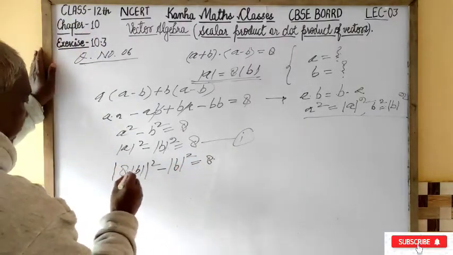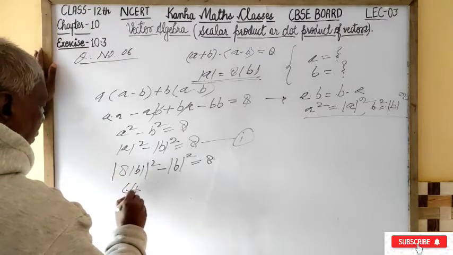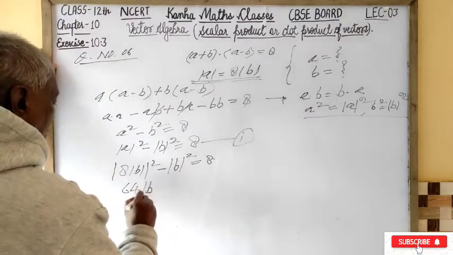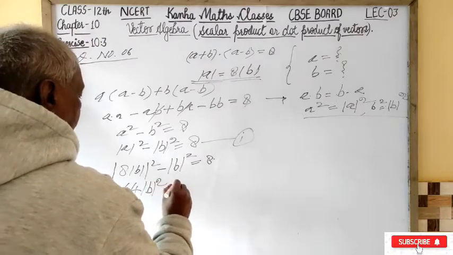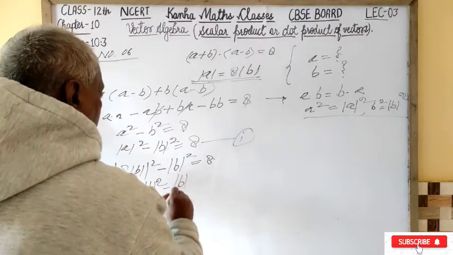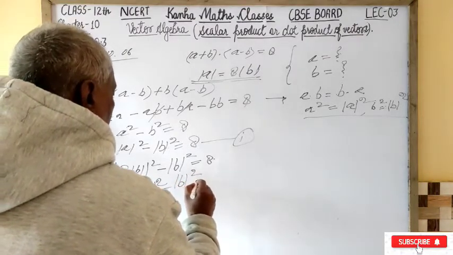Here 8 8s are 64, so 64 mod of b square minus mod of b square is equal to 8.